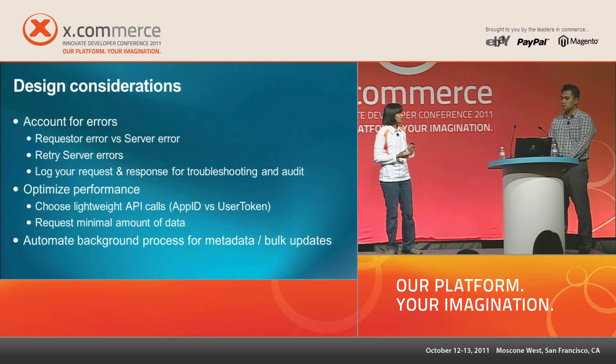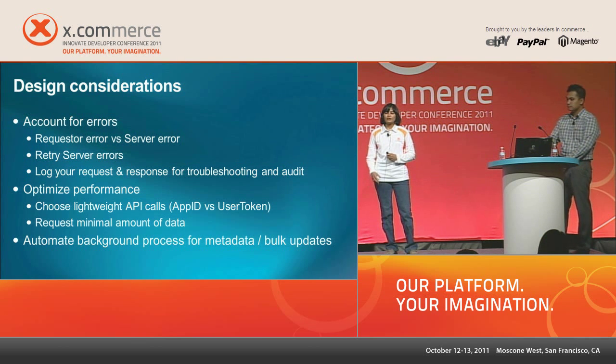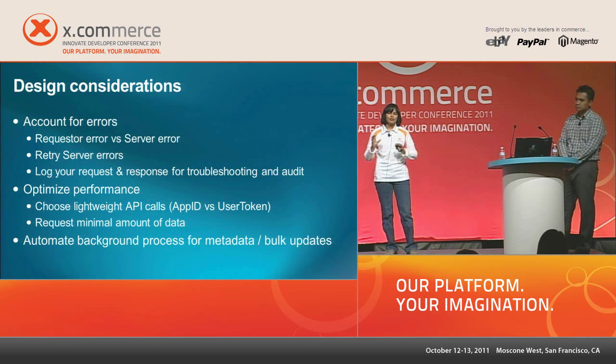Similarly, if you're doing order management and servicing high volume sellers, the number of orders that come down the pipe can be significantly high. So what you want to do is create background processes that do that on a periodic basis, so that when users are interacting with your application, they don't get stuck in that loop.